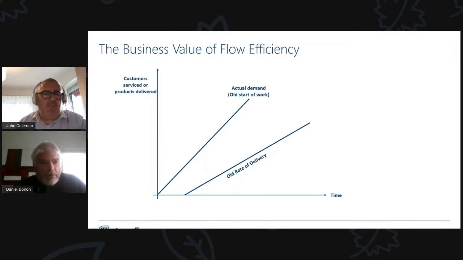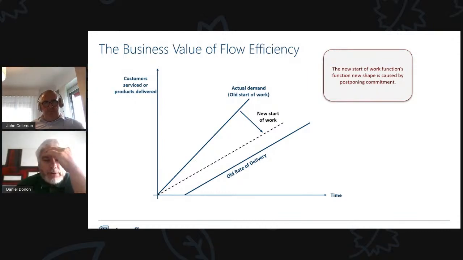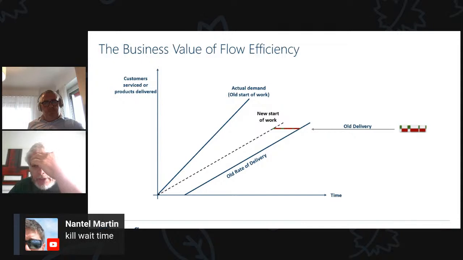So let's see what happens. We've got our new start of work to be parallel with the old rate of delivery. And now we have this old line there of wait time, touch time, wait time, touch time. We are going to improve flow time by shrinking wait time.